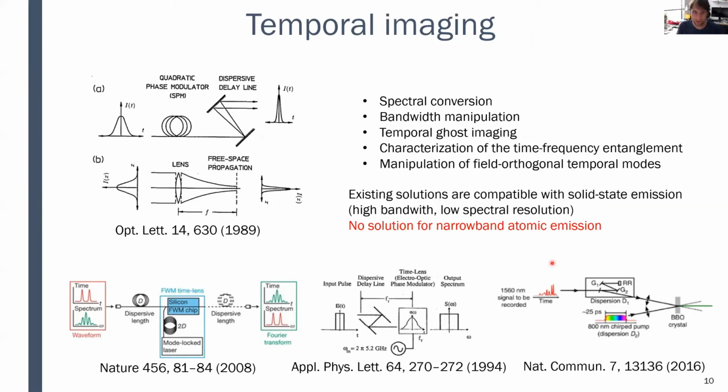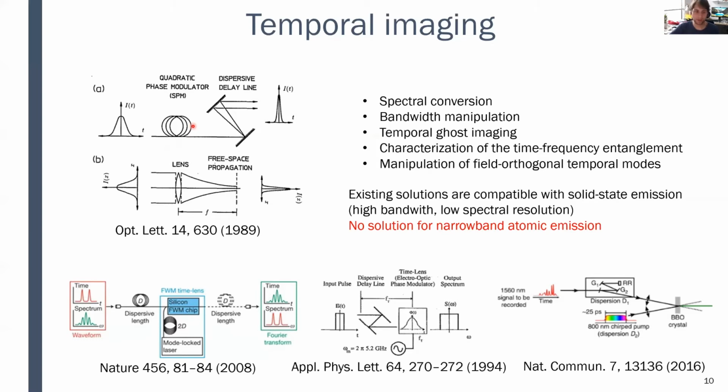Temporal imaging is a field mostly well known in the ultrafast community, where different elements such as a lens or propagation, known from spatial optics, are considered in the time-frequency domain. To realize a temporal lens, we want a phase that changes in time, realized, for example, by an electro-optic phase modulator or by some wave mixing processes.